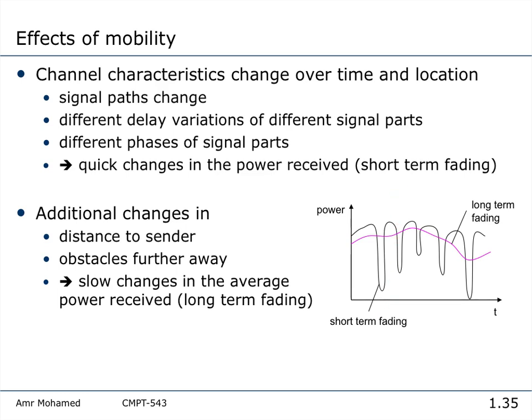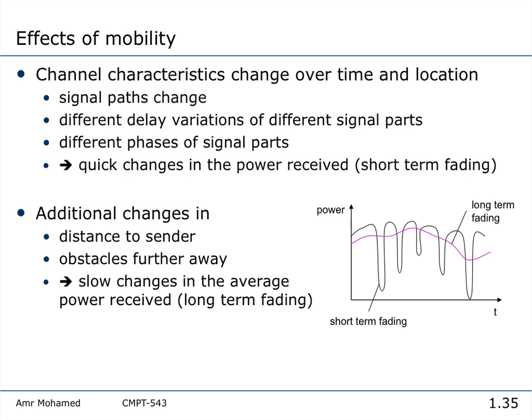And then in a short time it goes up again. As the car moves, you have short-term fading. It goes down a little bit because the signals are arriving out of phase, and then it goes up again. ماشي? And then it goes down, and then it goes up again.